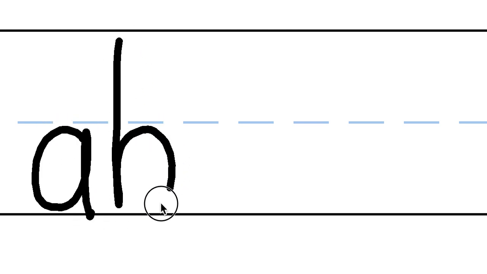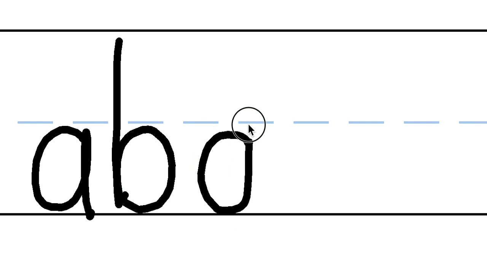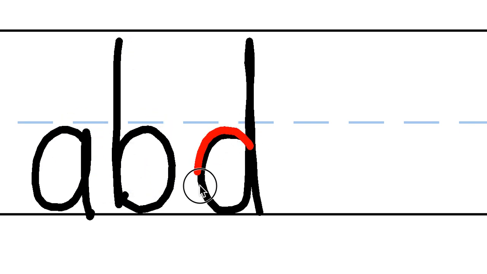A, B, C, D. If you say those together, when you're trying to remember which way the B or the D goes, it'll help you remember which one is the right one. A, B, C, D.